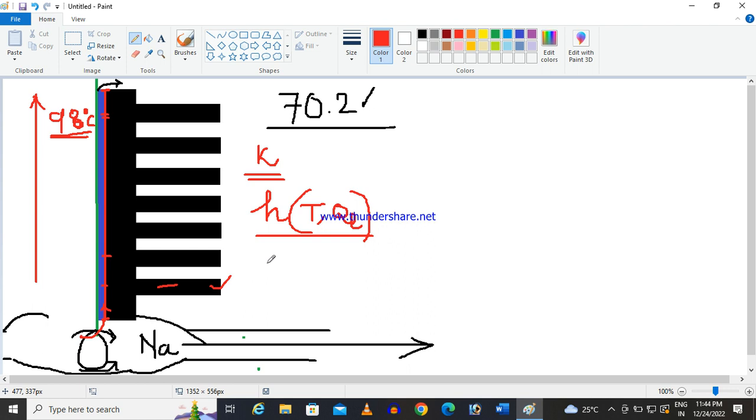There the Navier-Stokes and momentum equations are solved, and the velocity field for the heat transfer comes from solving the Navier-Stokes equations. Based on that only, this convective heat transfer coefficient is estimated.